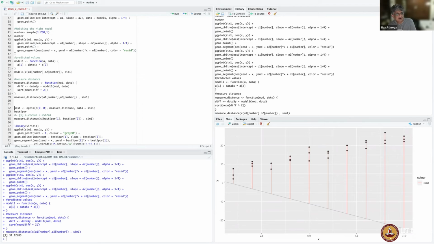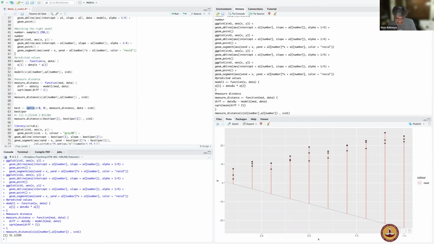Then this optim command is a minimizing command. It's like a computer version of calculus. Given a calculus problem, it will find where the derivative is 0 and find the value of the minimum. Optim is short for optimize.